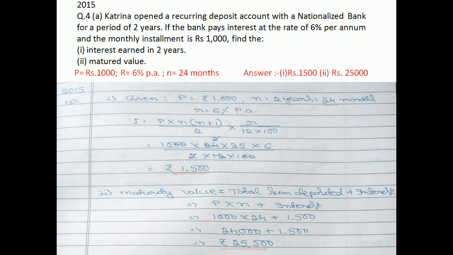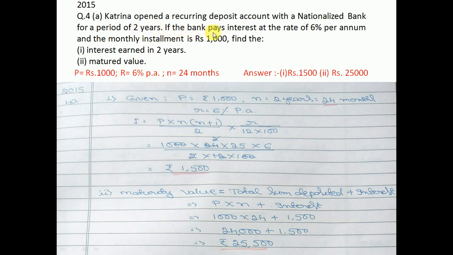Now, Katrina opened a recurring deposit account with a national bank for a period of 2 years. 2 years stands for 24 months, meaning N is 24.